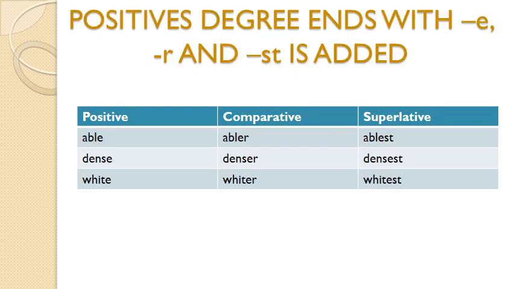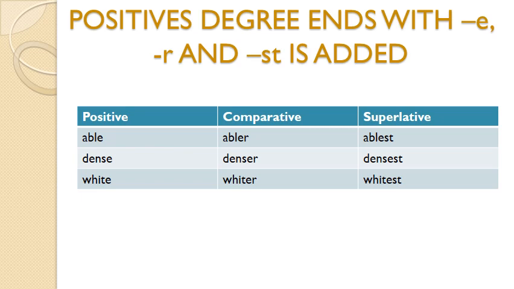Whenever there is an e at the end of a positive degree of adjective, we just add r in the case of comparative degree, and for est, since e is already present there, we just add st to convert this into a superlative degree.